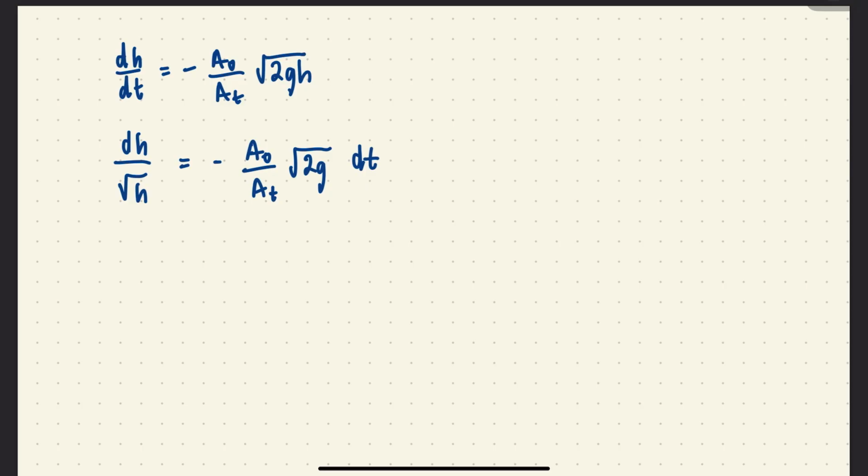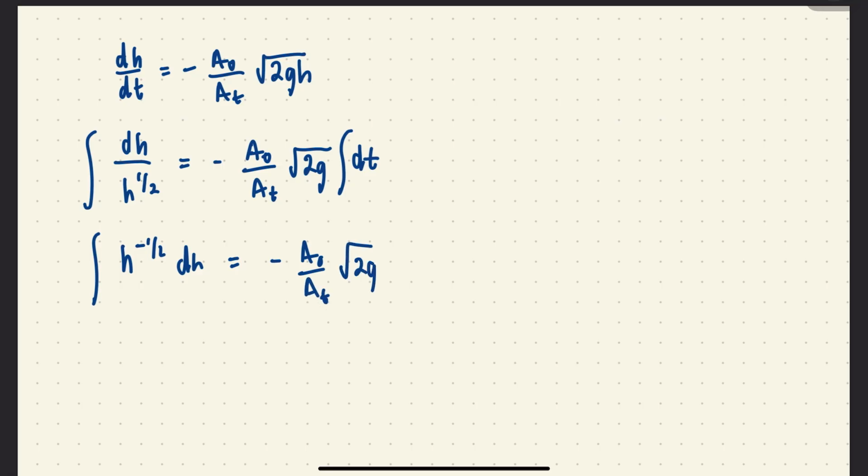Okay? So integrating both sides, we can rewrite this as h raised to 1/2, or this can be written as h raised to negative 1/2 dh is equal to negative A sub O over A sub T, square root of 2g integral of dt.